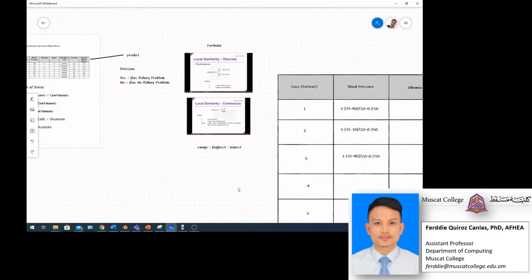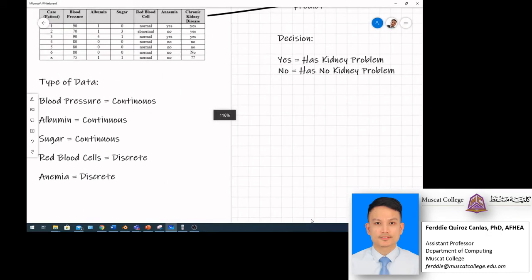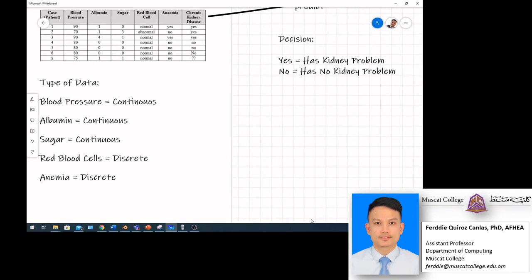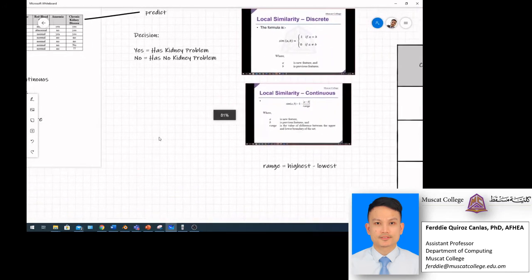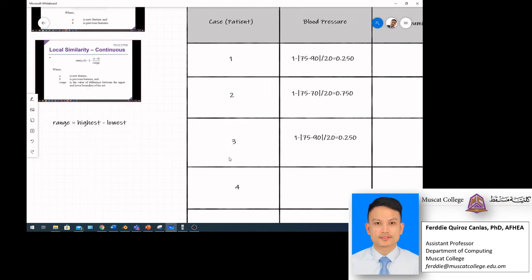The third patient, 90, right? So if you have values which are the same as one another, no need to recalculate. Since it is 90, just the same as the first one, it will get the same value, which is 2.250.